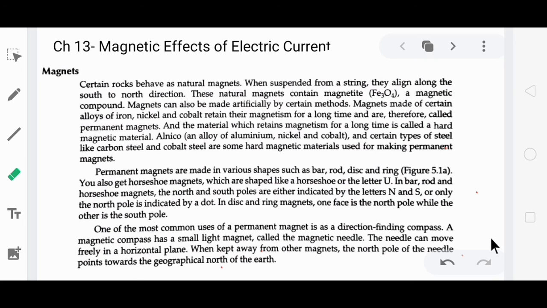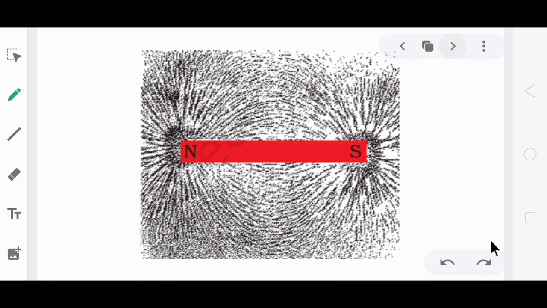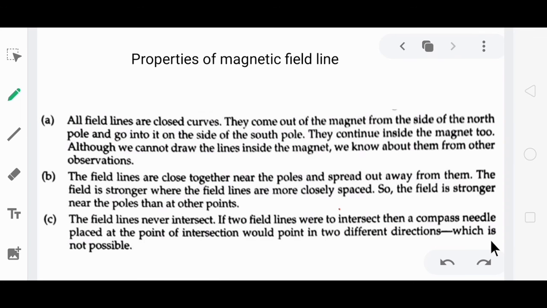Write some basic properties of a magnet in your notes. You have the structure of a magnet here. Write the definition of magnetic field which is given in your book. Make these diagrams in your copy, and the properties of magnetic field lines. Here should be S.